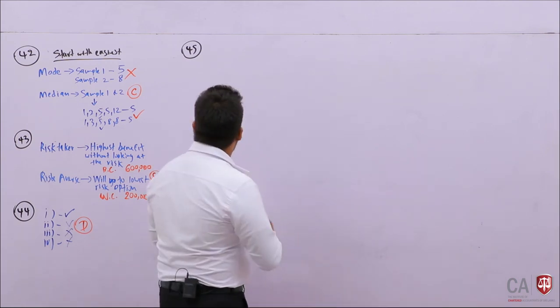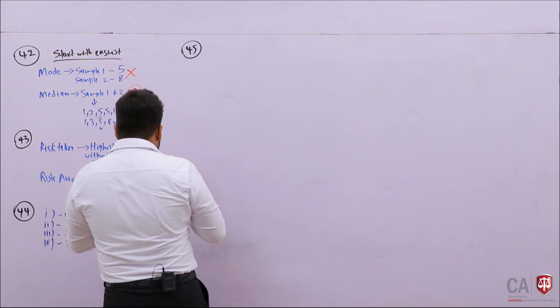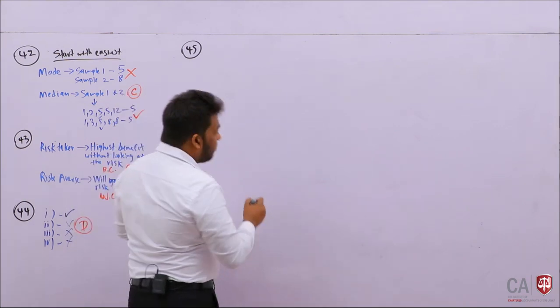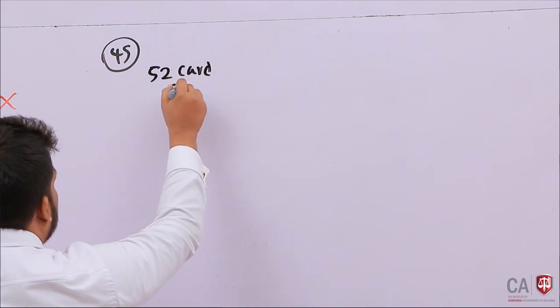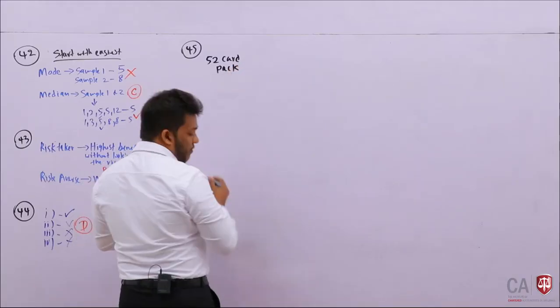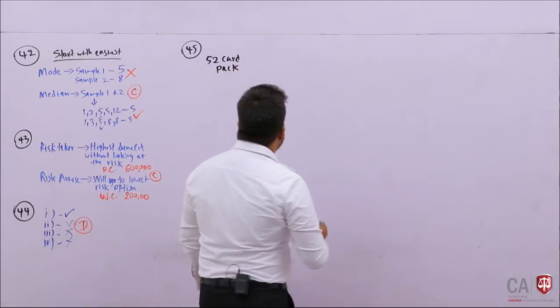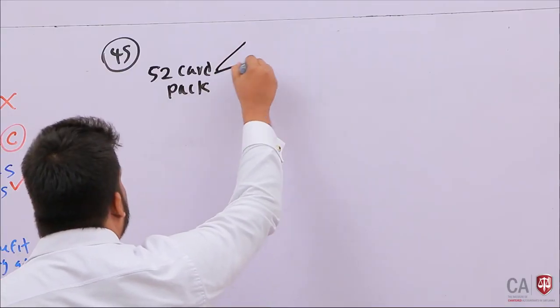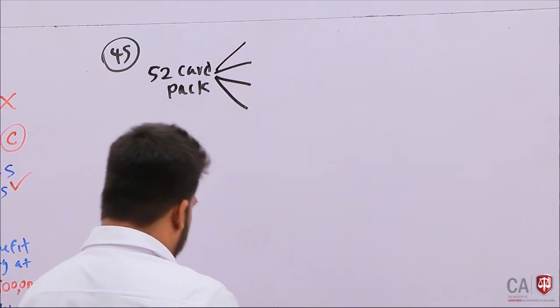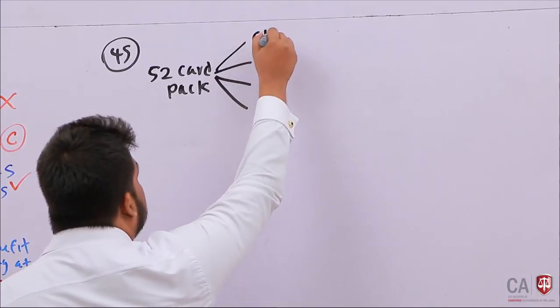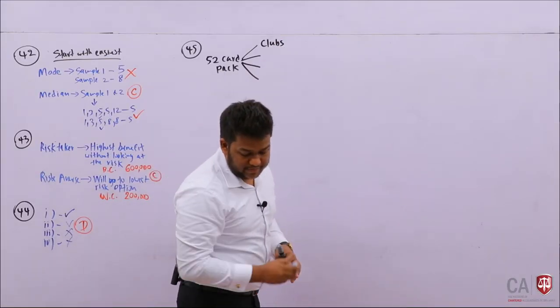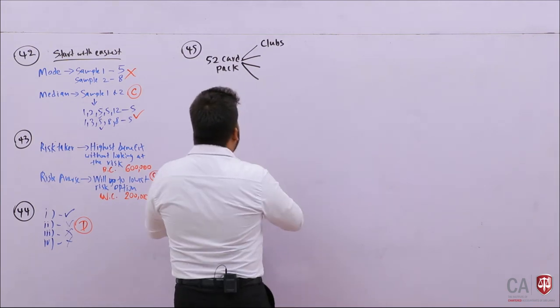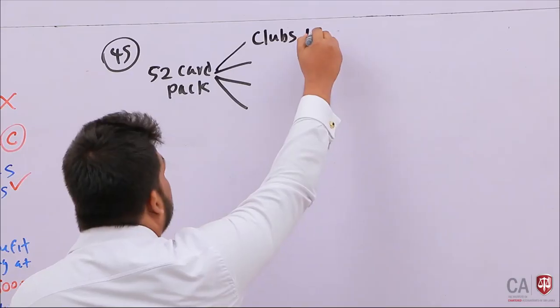So, 52 cards. In a 52 card pack, you will have clubs. 13 clubs.